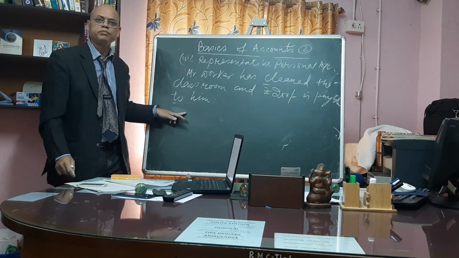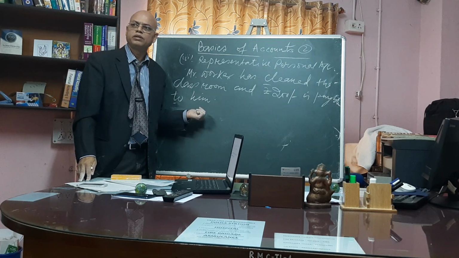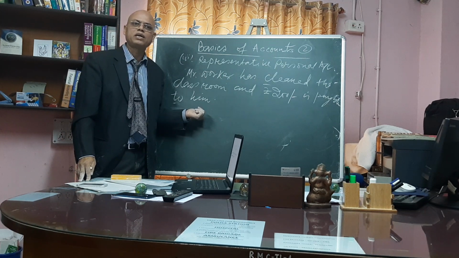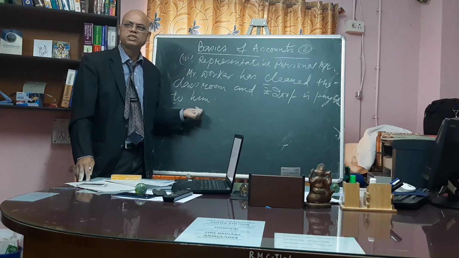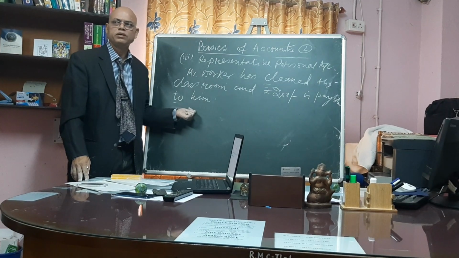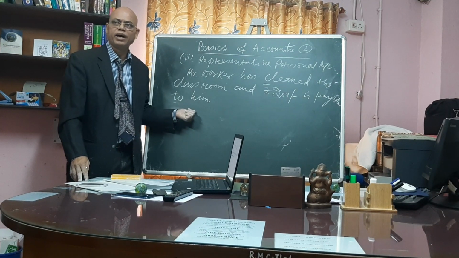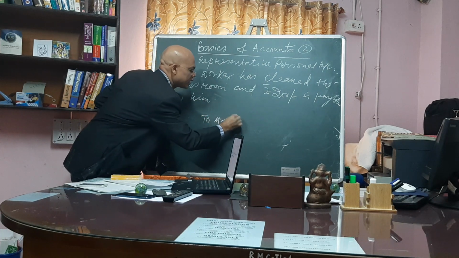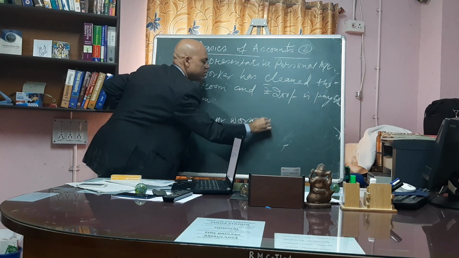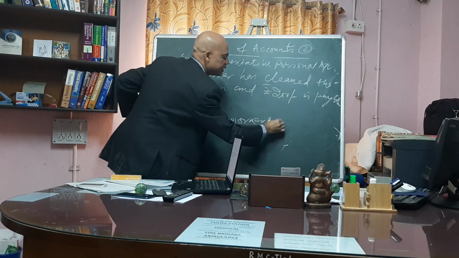Is payable to him, not yet paid. Then who has given me the service? We talk about goods or service. Who has given me service? Mr. Worker has given me service. Credit is the giver. Then Mr. Worker account should be credited.